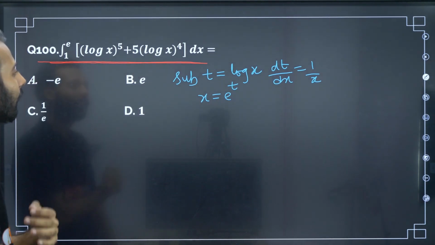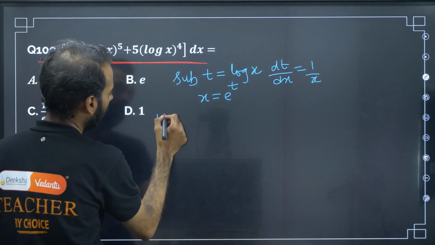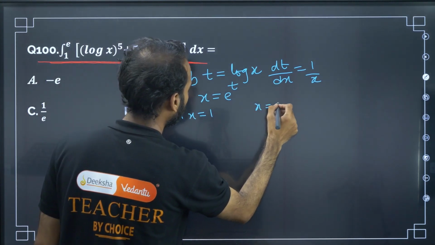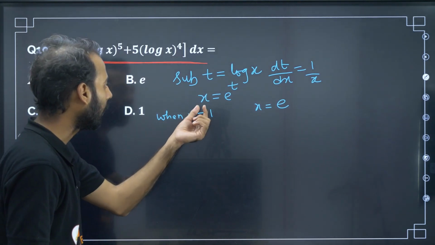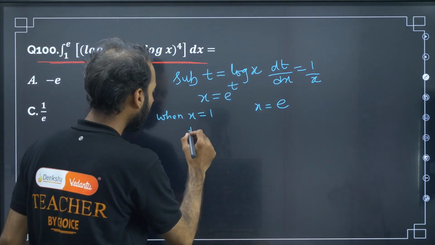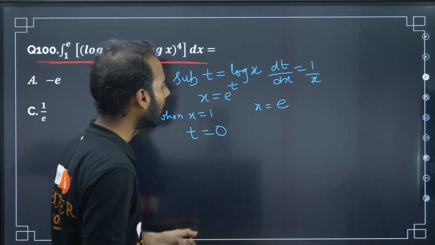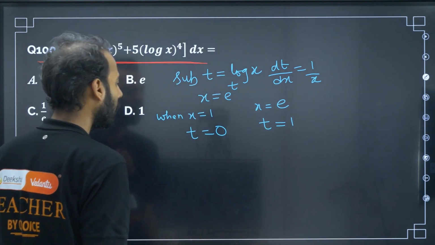Further, a few things we have to note here. When x is 1, t is 0, because log 1 is 0. Next, when x is e, log e is 1.